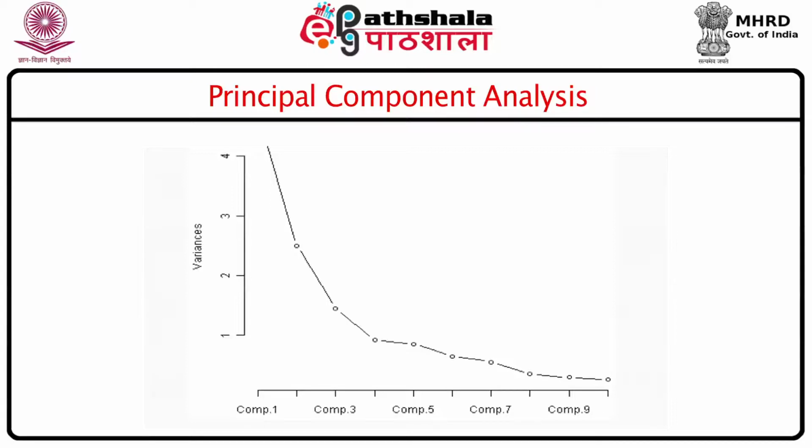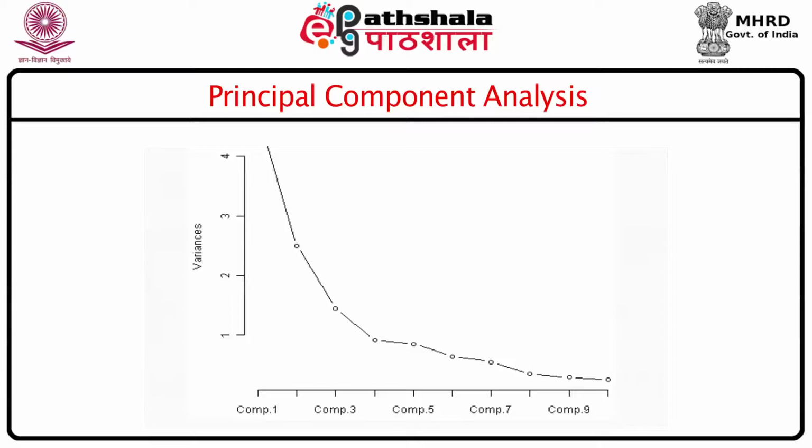Hence, instead of all the variables, we can just look at these 3-4 variables and study this. So it actually reduces the number of variables under study and hence makes analysis of the data easier.